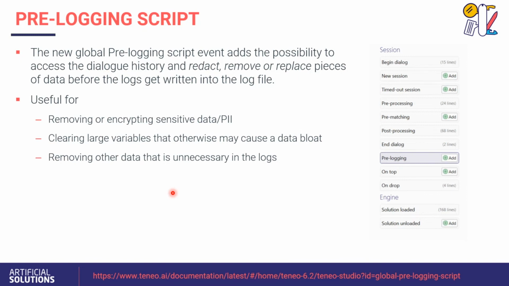You have this option to go in and say, okay, that social security number, that name, that email, whatever it was that I needed to be able to have the dialogue. That's good, I had the dialogue, but now I don't need it anymore. I'm going to remove it from the logs because I don't want to store that information inside my logs. You can do that in the pre-logging script event.